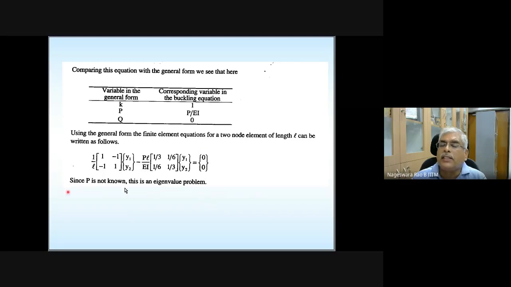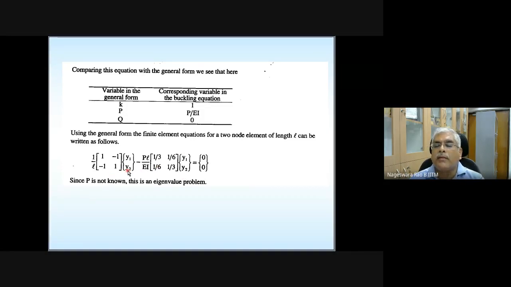So this is similar to A minus lambda B multiplied by x is equal to 0. So it's an eigenvalue problem. This turns out to be an eigenvalue problem.